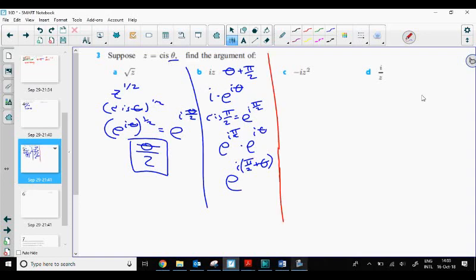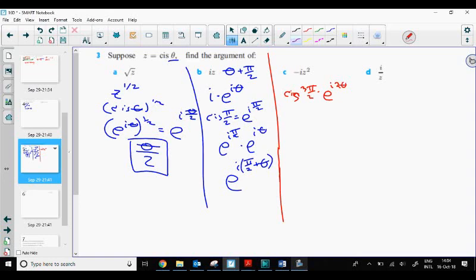Very cool. For the third one, we start with a negative i. Negative i has a rotation of 3 pi over 2, so that's going to be cis of 3 pi over 2 times z squared. But z squared, using the same reasoning as in the first problem, is e to the i 2 theta.